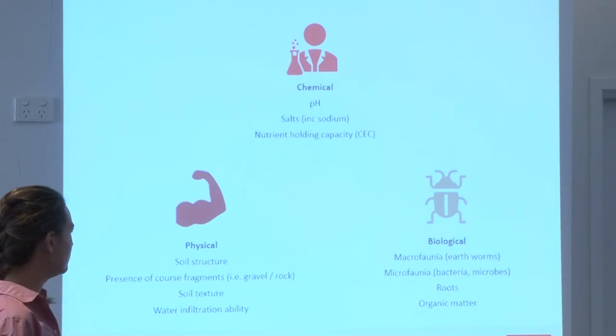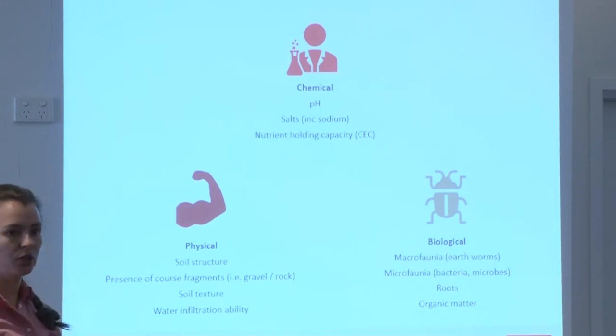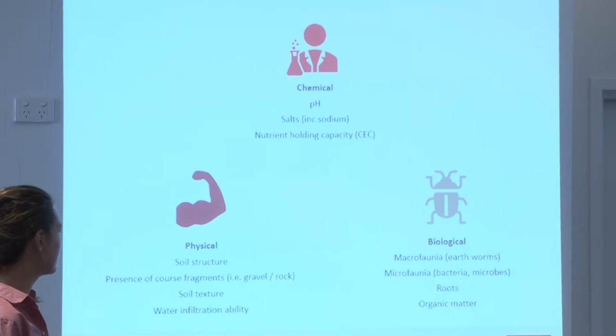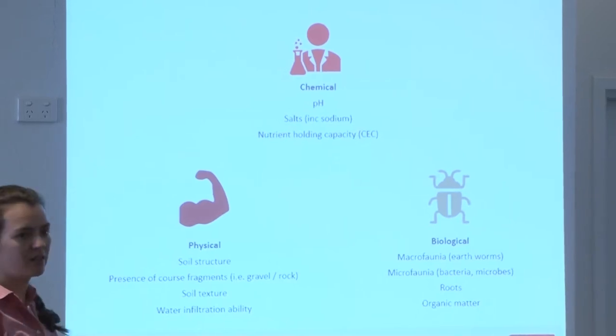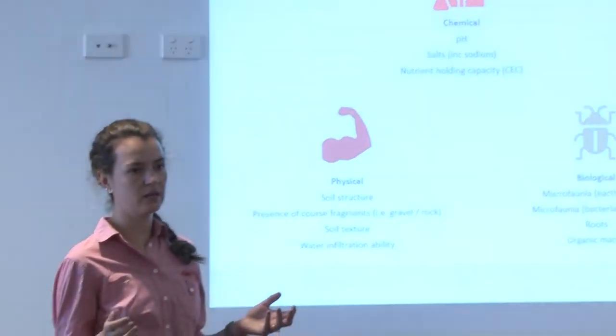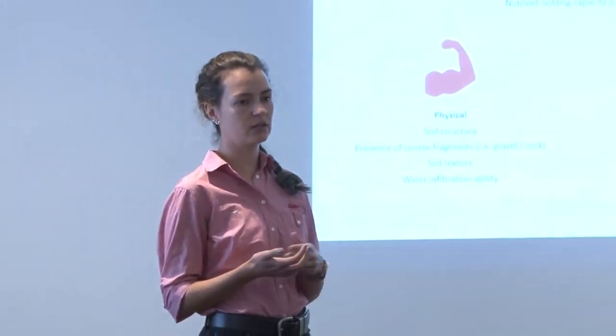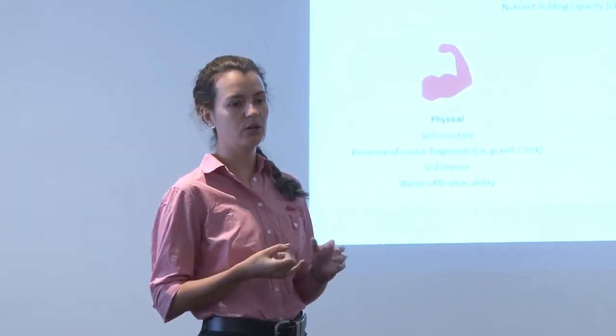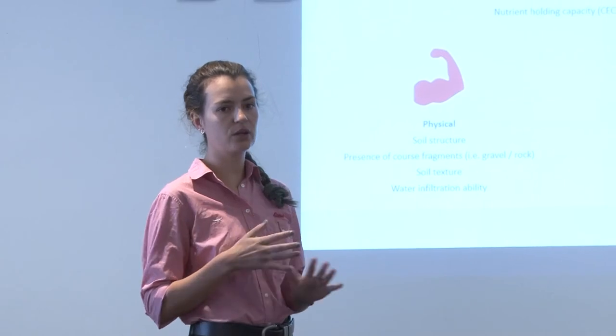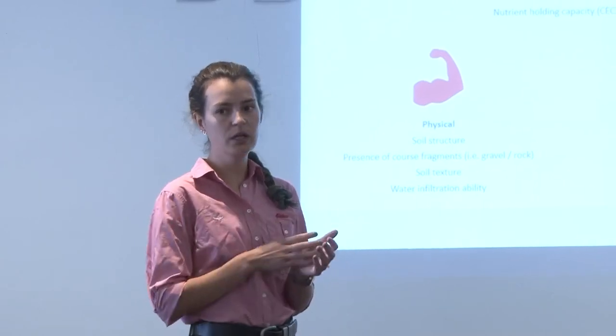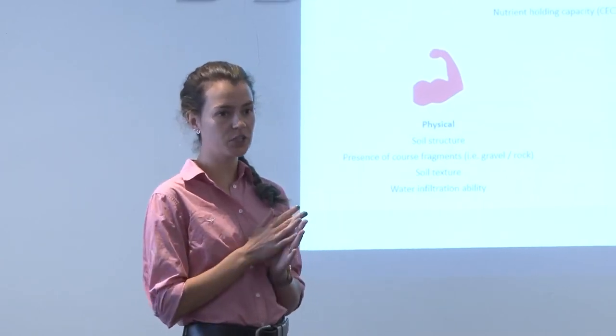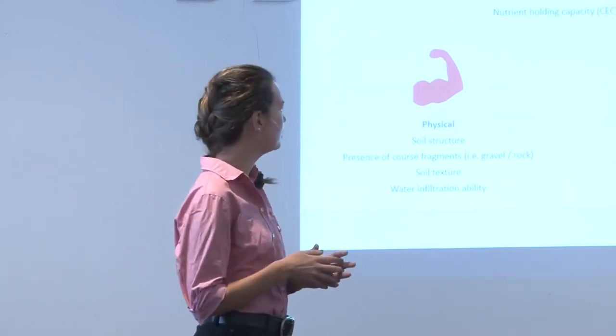Then there's the physical, so soil structure, which you'll hear a lot about, the presence of coarse fragments. When I'm saying coarse fragments, I'm really just talking about anything that's larger than the size of a sand granule. So it could be gravel that's inert, so have no chemical charge at all. It could be limestone that does have a charge and can play havoc on your nutrients.